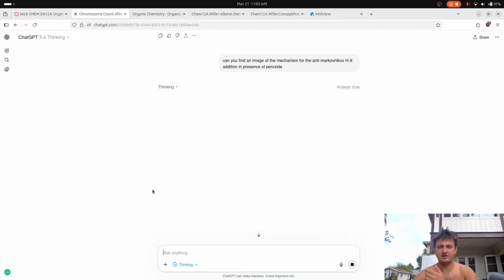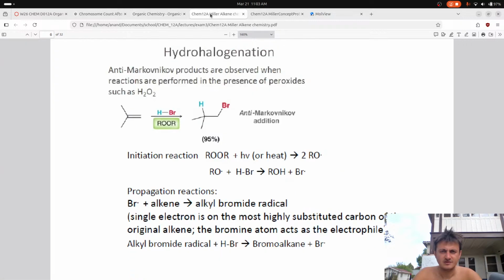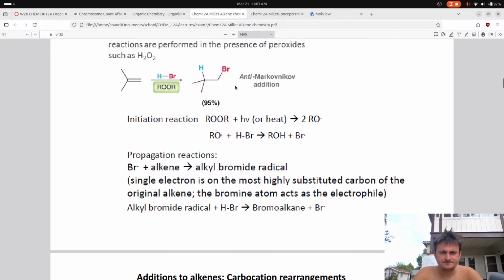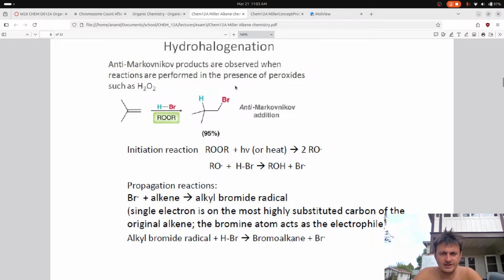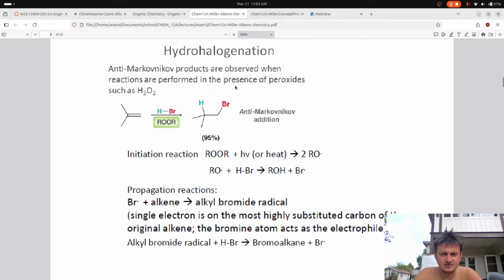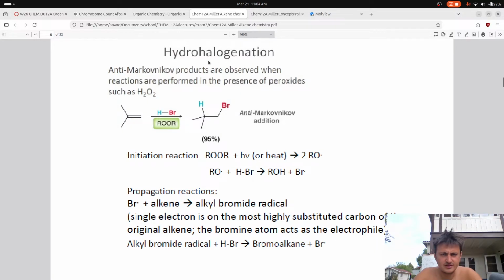I should have said to an alkene, but I think it's clear from context. Okay, but in this case, what we need to know is, does a carbocation form?